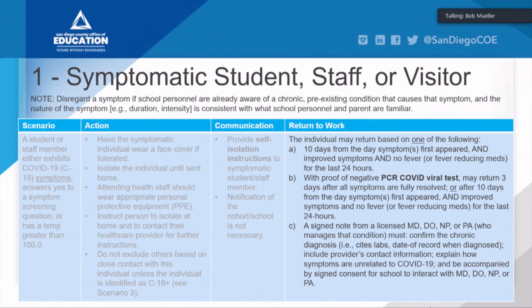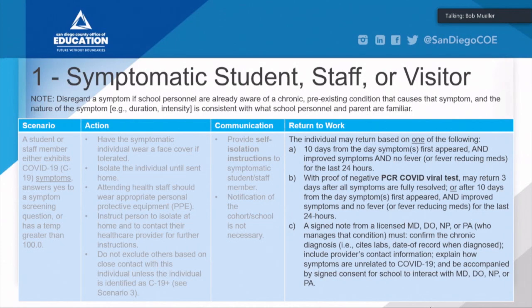If they provide appropriate support, and we get an authorization to have school staff speak to that provider, then that person may be readmitted to school based on the fact that their chronic condition is not COVID-19.